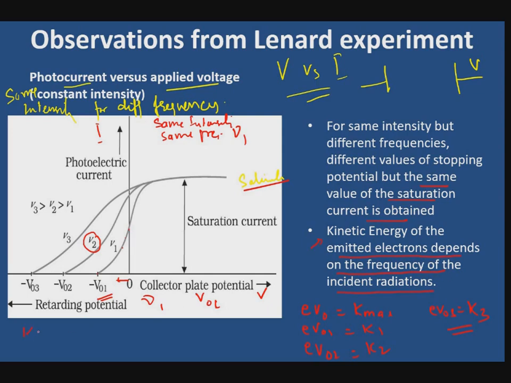So here, kinetic energy depends on the frequency of incident radiation. So this is your second graph, where the graph is plotted between V and I, applied voltage and photocurrent.